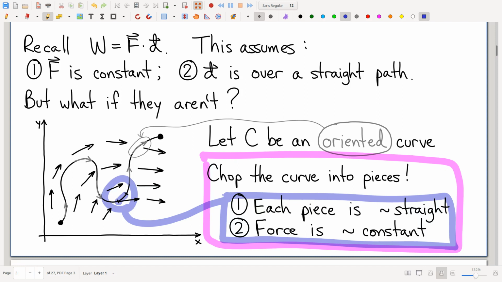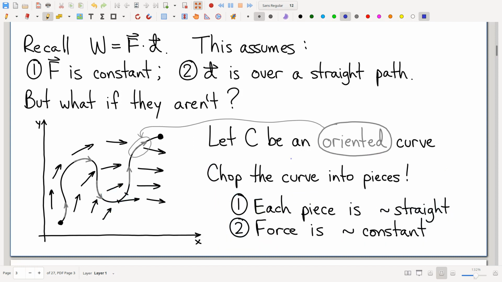Before we do that, though, we need to recognize something fundamentally different about this question that does not apply to any of the other examples we've seen previously. And that is that when you follow this path, it really matters which direction you go if you're computing work. So imagine, for example, that the forces here represent the force of walking uphill.